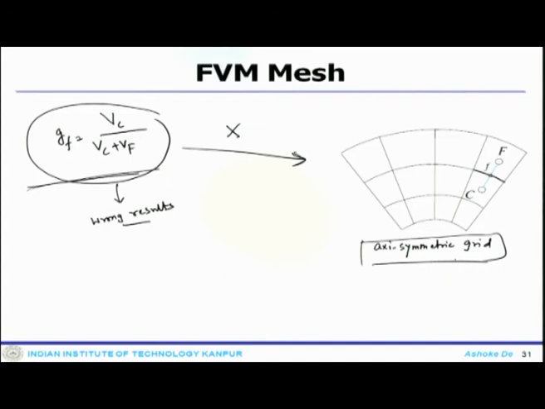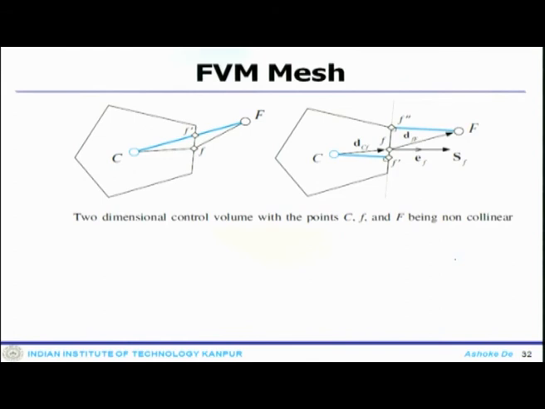Now, the simple or linear interpolation may also get you into some kind of problem in this kind of situation. It is a two dimensional control volume where points C, F and f are not collinear. That means my cell center for this element, and the cell center for the neighboring element, connecting between C and F, will be cutting through that common face.